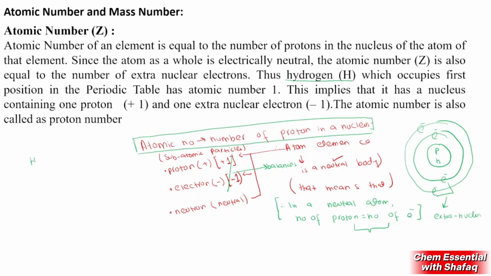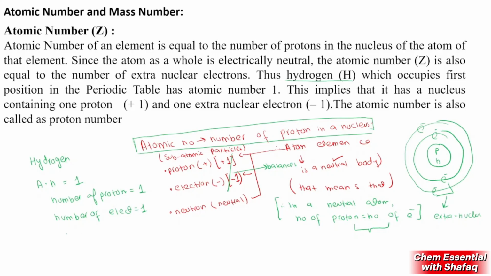The atomic number of hydrogen is 1. If its atomic number is 1, then its number of protons is also 1. If its number of protons is 1, that means its number of electrons is also 1.